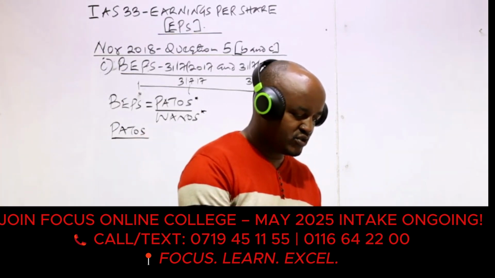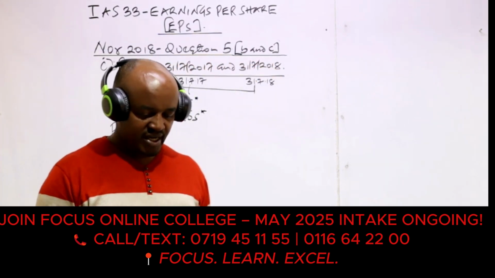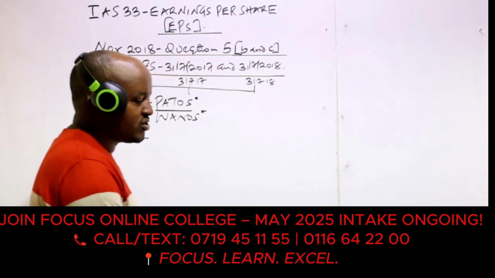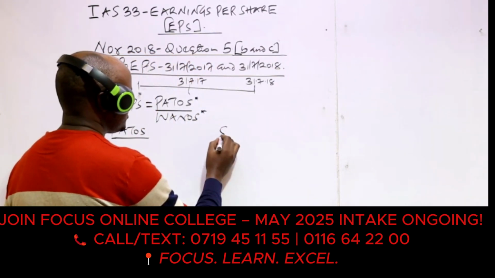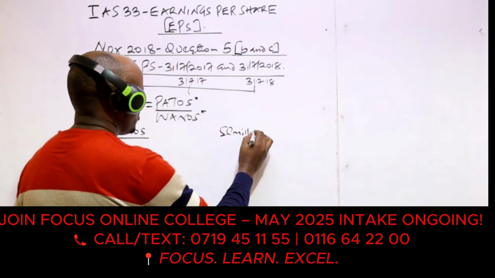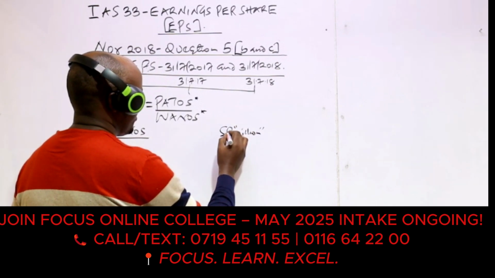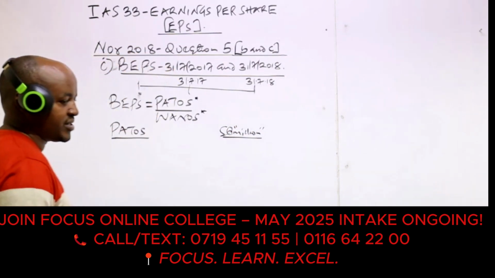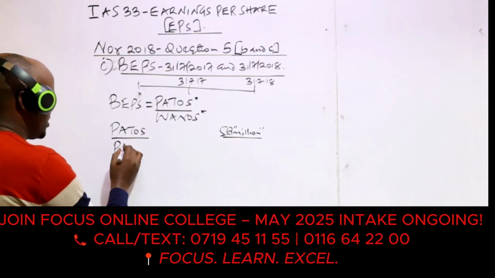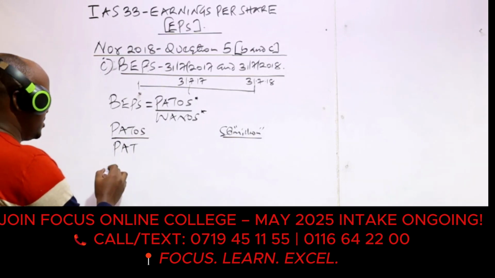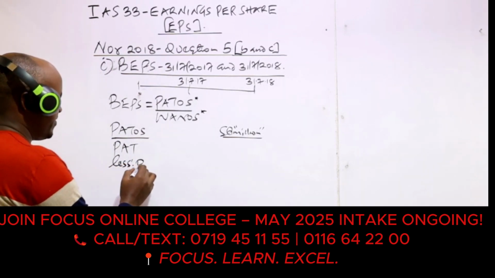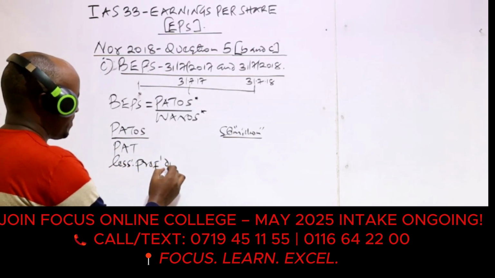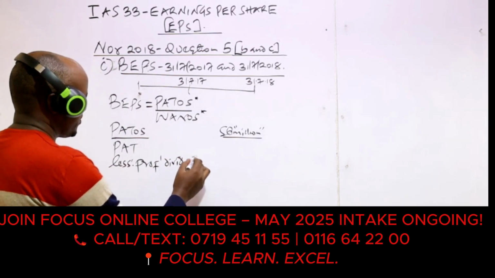If you remember what we discussed in our previous session, to compute the profits attributable to ordinary shareholders, popularly known as PATOS, we take the company's profit after tax. From this, we deduct the preference dividends for the current year.